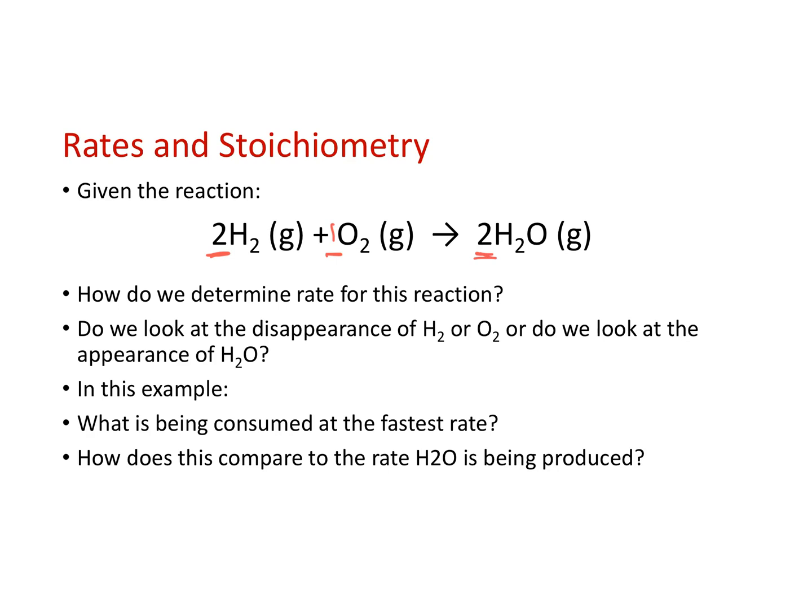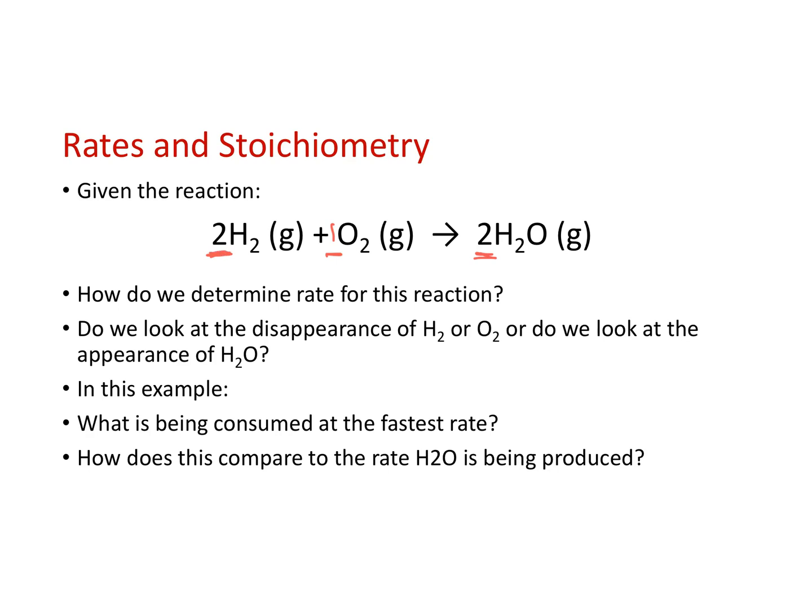An example question to think about when we're looking at a reaction like this: which component, the hydrogen or the oxygen, is being consumed at the fastest rate? And how does that rate compare to the rate that water is being produced in this reaction? If we think about it, what's being consumed at the fastest rate? Let's say this reaction takes place as written in 1 second.